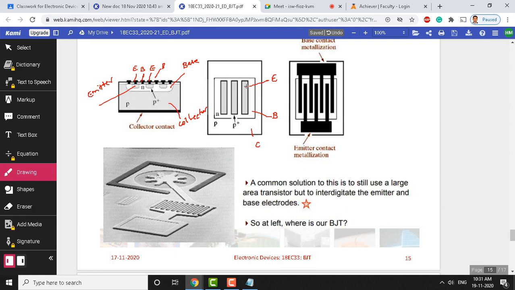With the connected contacts, you can see here the base contact metallization. All these base contacts are combined together, which makes the base contact metallization, and the emitter contacts are clubbed together, which makes the emitter contact metallization. So this new way of transistor design will avoid emitter current crowding to a significant level.